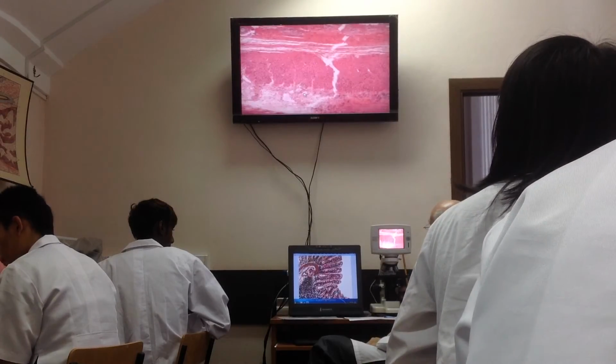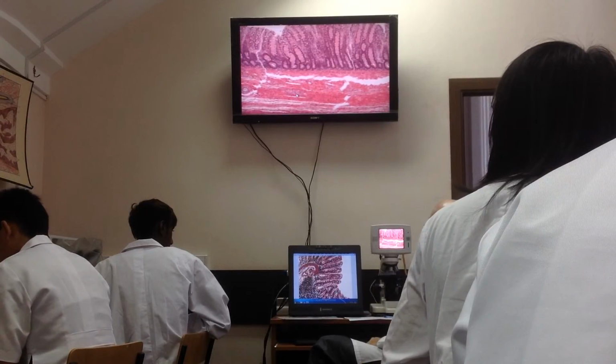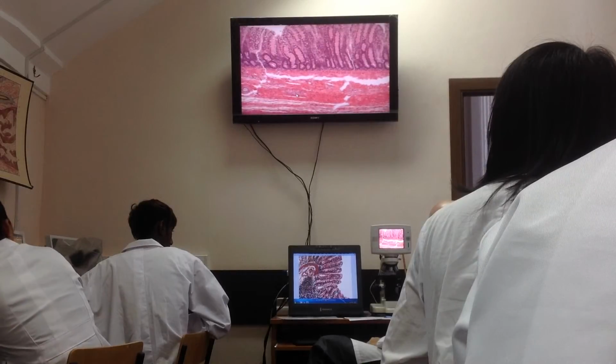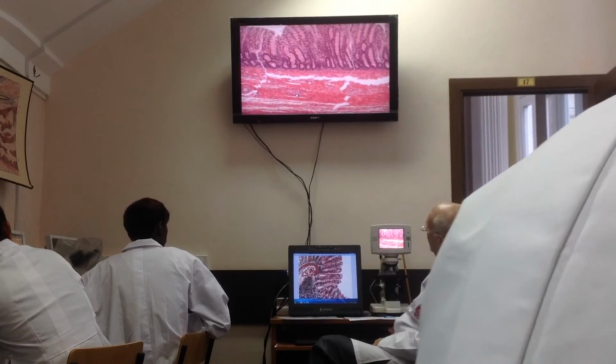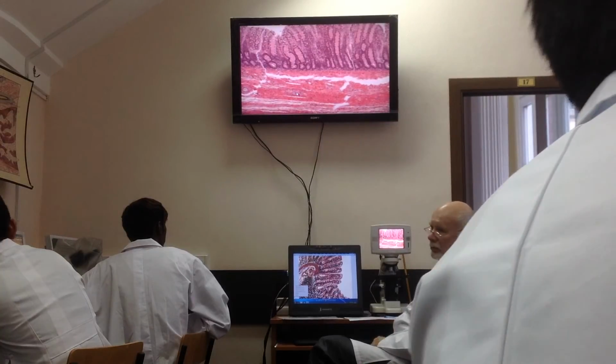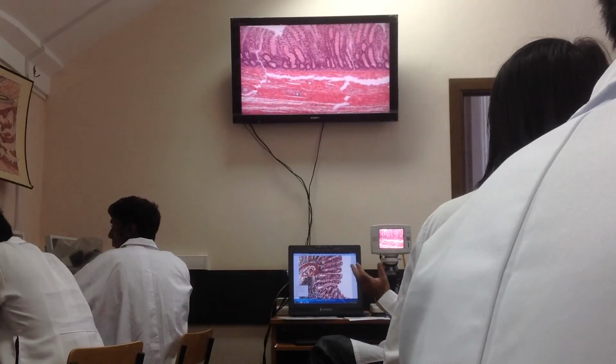So it's the large intestine. And now look, nervous plexuses, in the nervous plexus, a small ganglion in the submucosal layer. Here. Nervous plexus is present in the muscularis externa and in the submucosa.